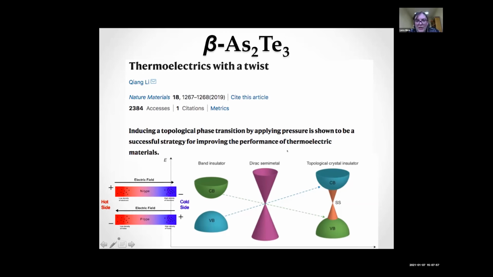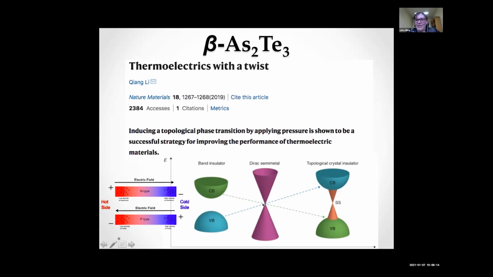Just to show you this, I found this figure very interesting, and that's why I put it here. It shows the difference of the gaps for the different systems, which, for example, this would be an insulator or a semiconductor, depending on the width of the gap.